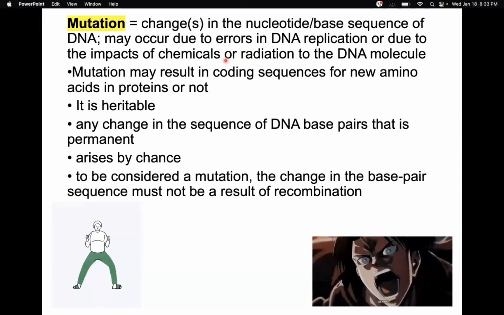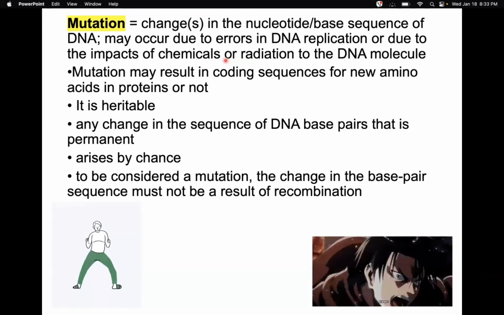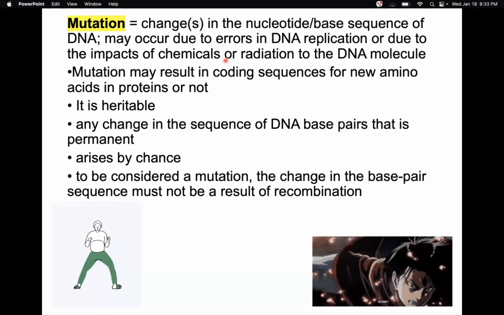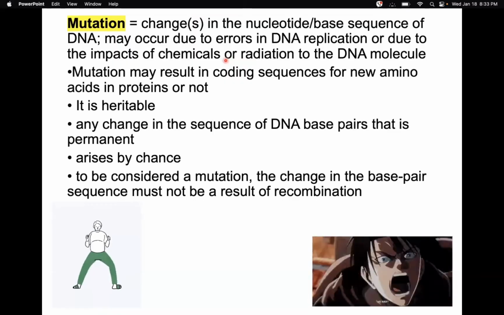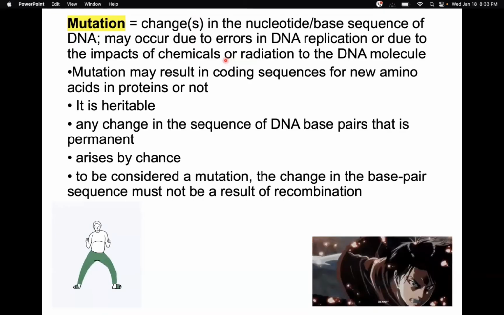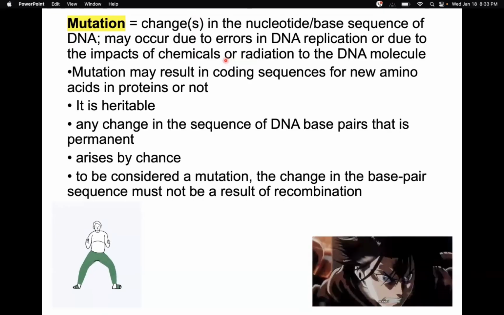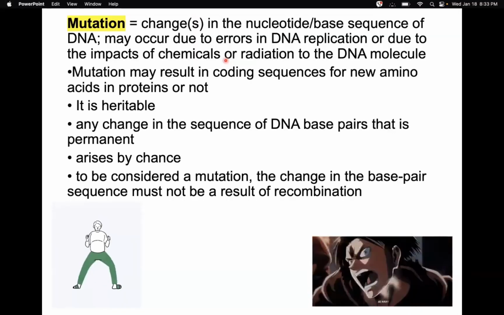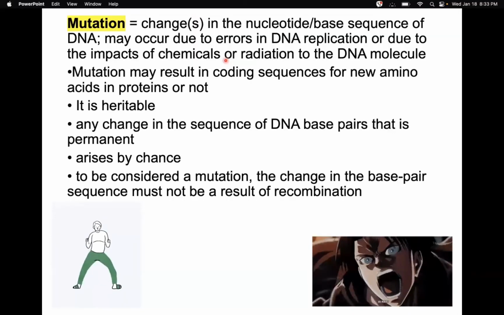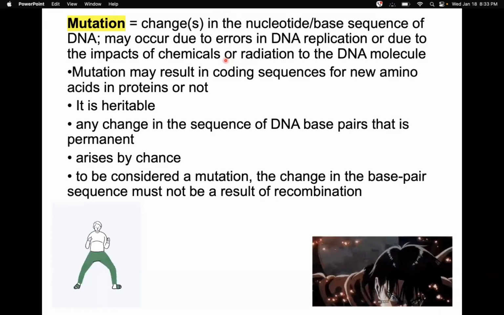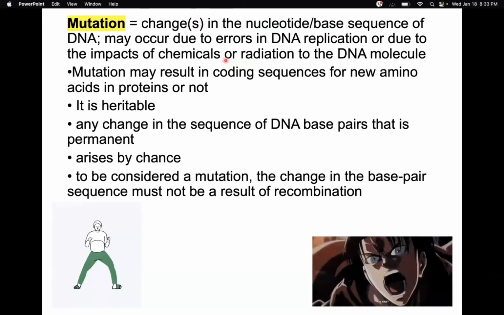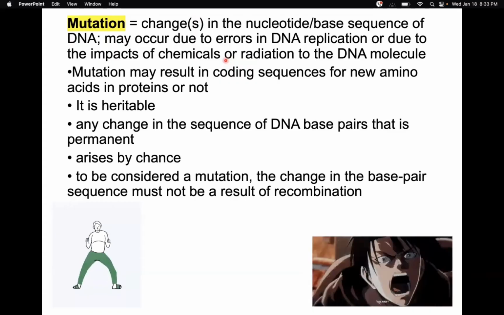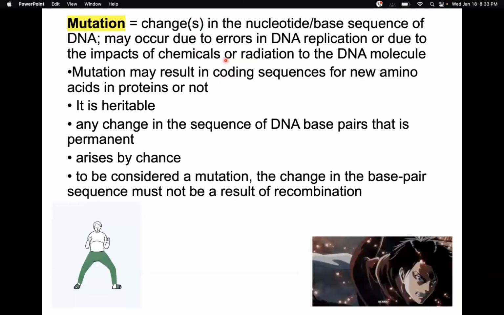Next, mutation may or may not result in coding sequences for new amino acids or proteins, which will be discussed later. Next, it is heritable. Yes, it can be inherited from your parents, although not all, not 100% of the mutations embedded in their DNA or genes are inherited by the offspring.